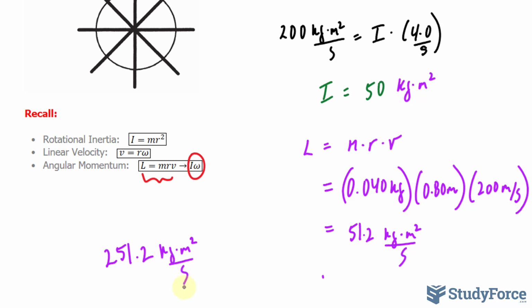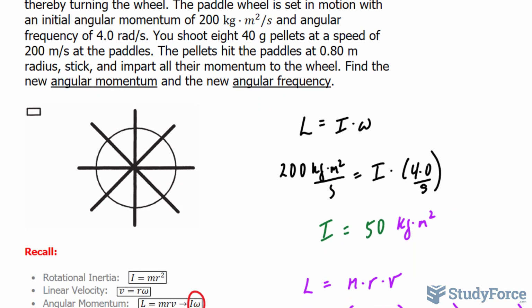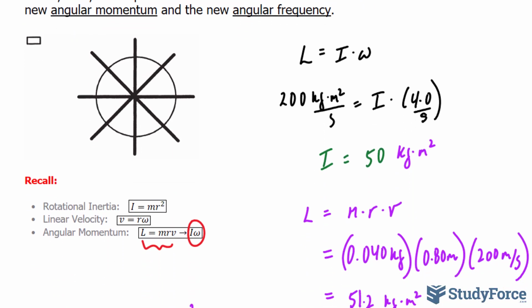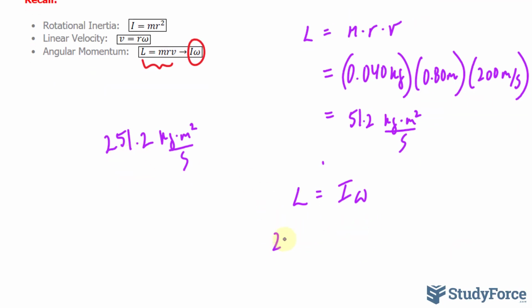And that represents our new angular momentum. And to calculate the new angular frequency, or the velocity, I'll use the formula L is equal to I omega. And I'll replace L with 251.2. I'll ignore the units because I know what the final units are going to be anyway. And we're looking for this value.